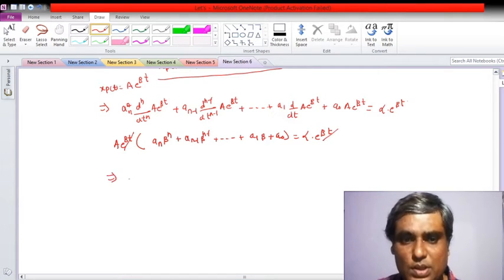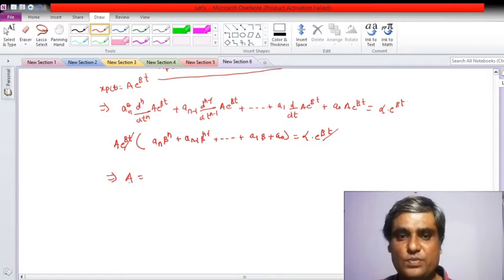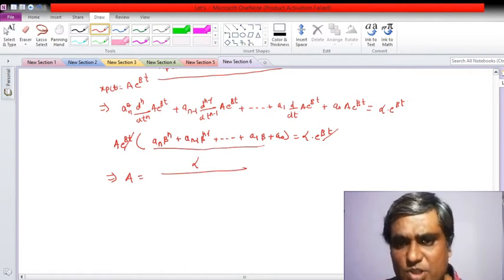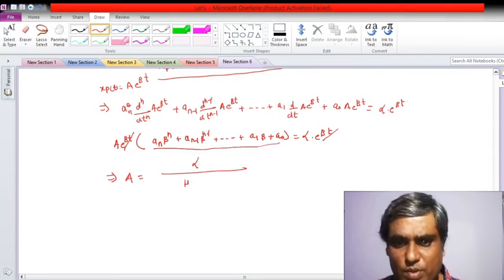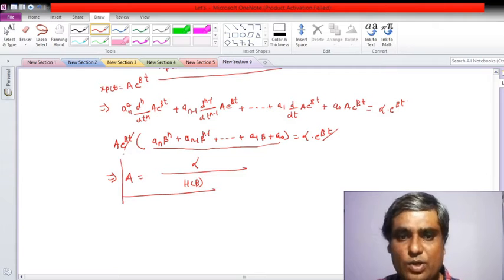So what is that? Method of undetermined coefficients, where A will be equal to alpha divided by this polynomial, in terms of beta. So this way you can obtain the undetermined coefficient.